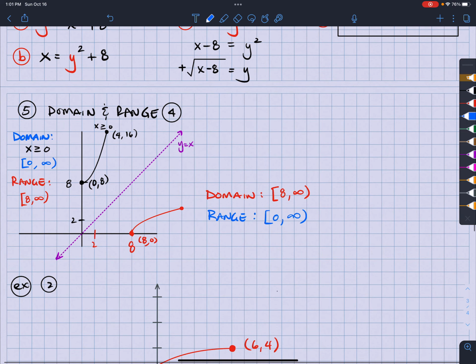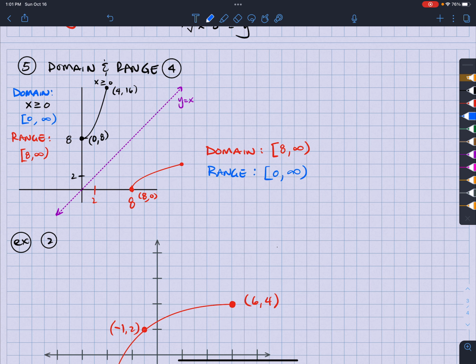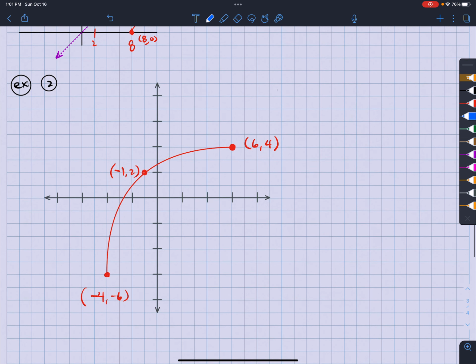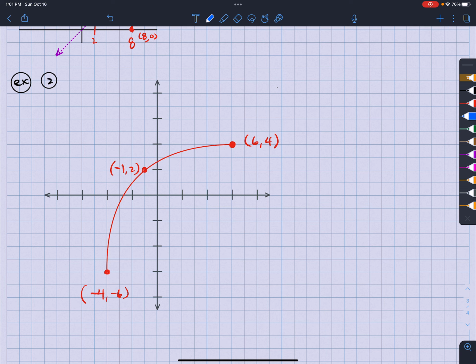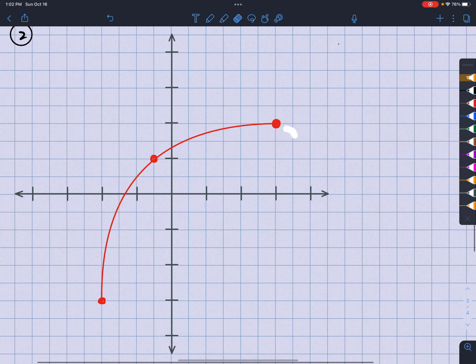Okay. We have another example here, which was given a graph. So same thing. Most of the time you're not going to see things like this, right? You're not going to see these points here. But here's the thing. Let me even erase these parts right here. You're going to see something smooth like this.